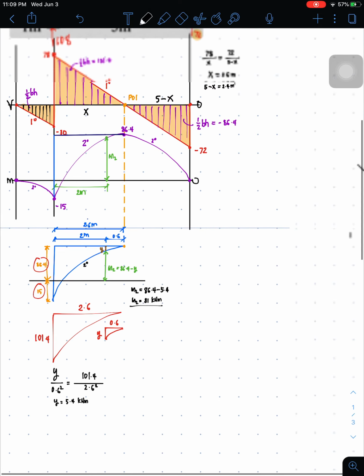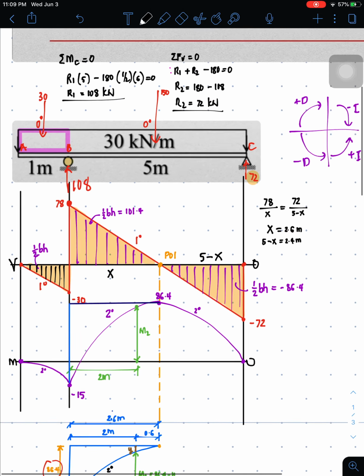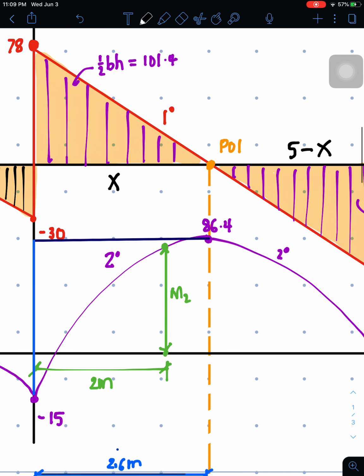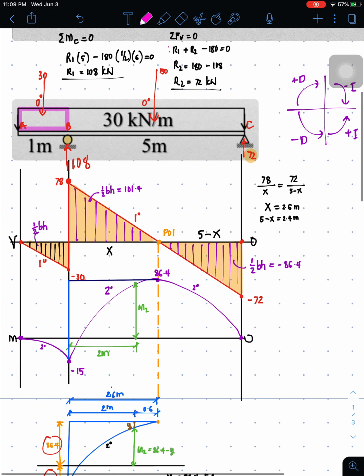So the second way in solving M2 is basically just cutting the beam. Remember, this is 2 meters here. So all we have to do is project a line toward the beam. So vertically, this is the 2 meters location.